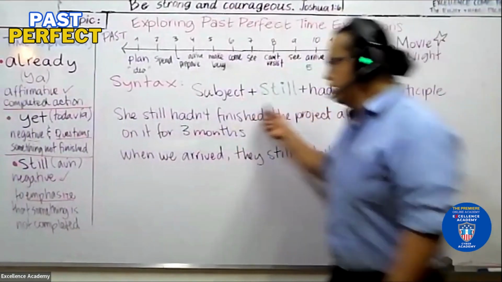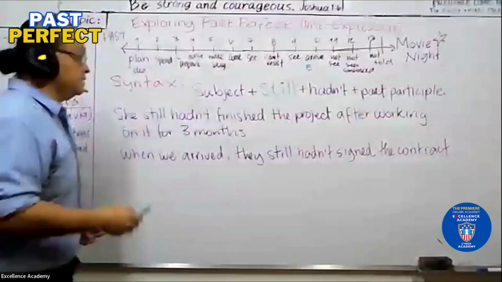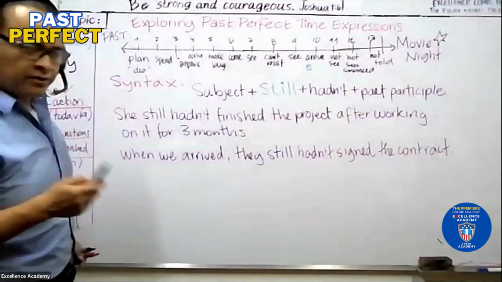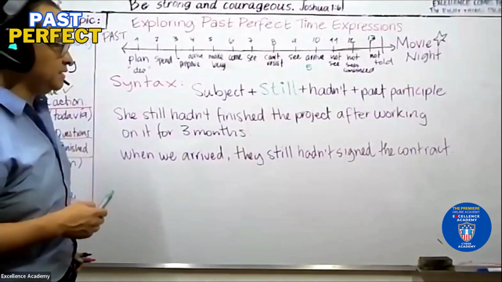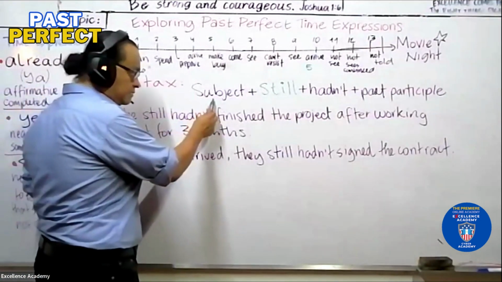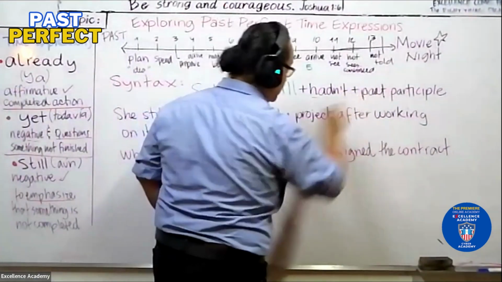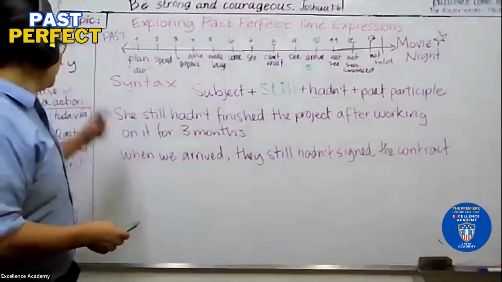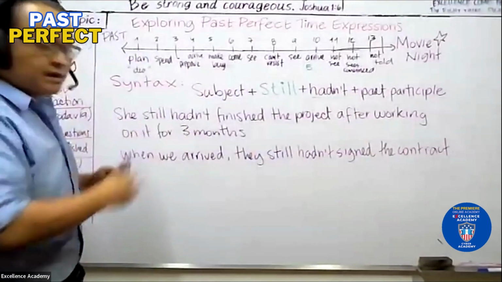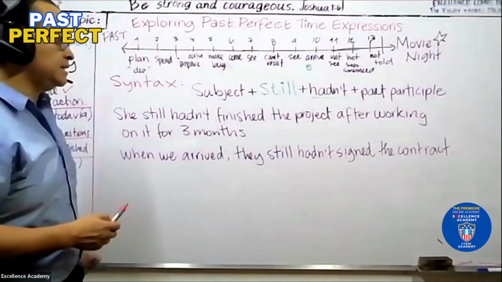In terms of the syntax, this is what we're going to use. It's very peculiar here, so you need to pay attention to where you put still. We have subject plus still, plus the negative auxiliary hadn't, plus past participle. Yes, I know the other ones had a more common placement in the sentence.